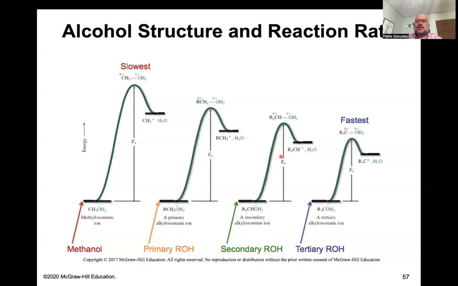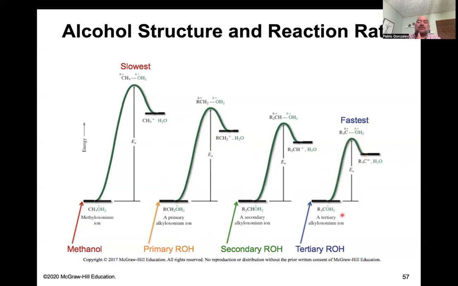The secondary one here is going to have lower activation energy than this one because this carbocation is more stable, so it's going to be faster. And the tertiary is going to have the lowest activation energy of all, because the tertiary carbocation is more stable than any of those carbocations, and that's why the reaction goes faster. So this is the fastest reaction.